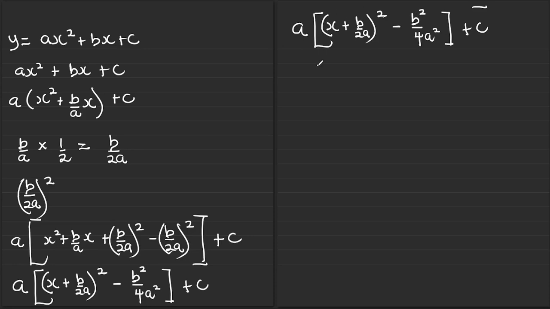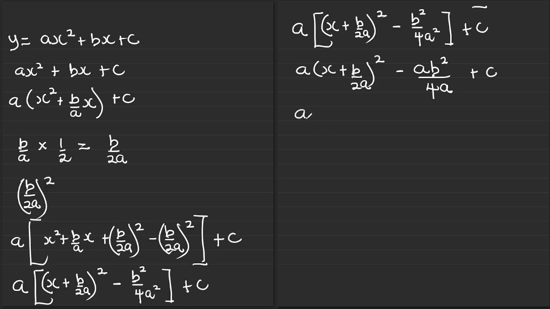So a multiplies this to give us a into bracket x plus b over 2a all squared, and then a times all of this over here also gives us a negative, so a b squared all over 4a squared. So we have opened the bracket. We can easily write the plus c. This can be kept as it is.